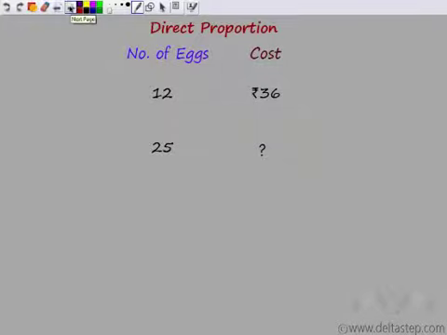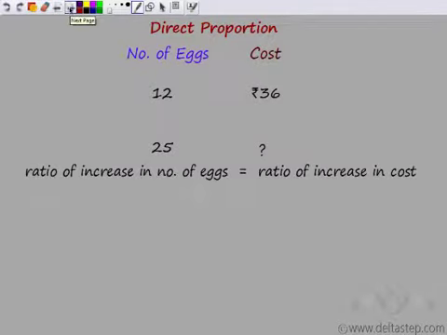We know that they are in direct proportion. So let us say that the cost here is x. Let us assume that the cost which we do not know is a variable x. This is what we need to find. Now since the number of x are increasing, the ratio of increase in the number of x should be equal to the ratio of increase in the cost.